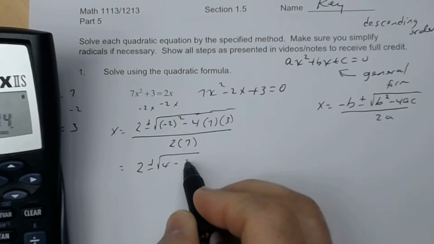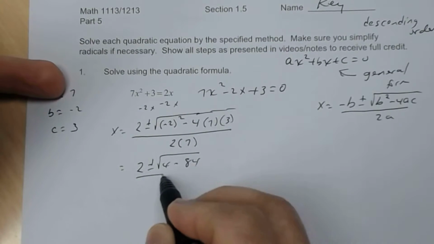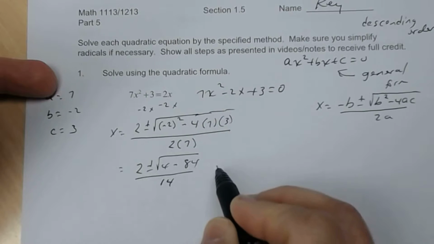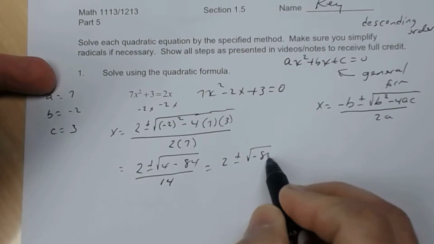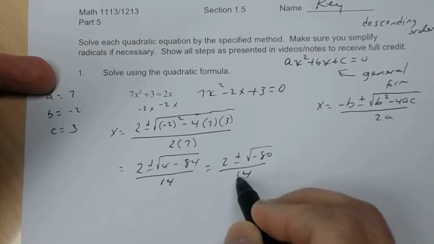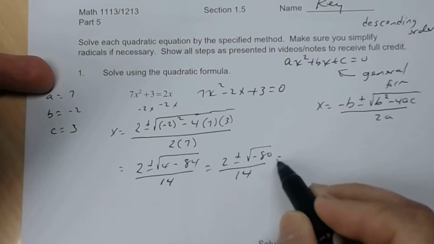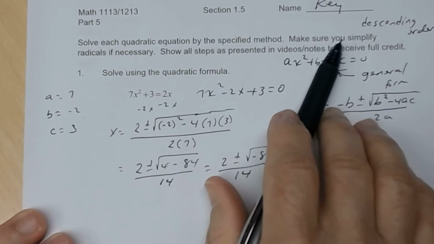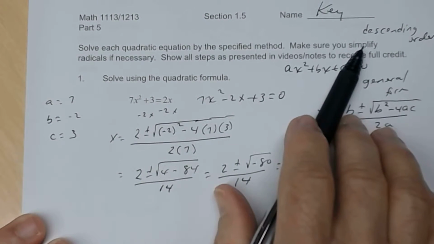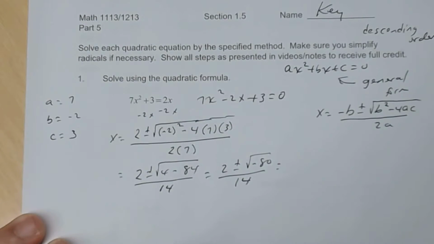So 4 minus 84, all that being divided by 14. So I get 2 plus or minus the square root of -80, divided by 14. Now let's talk about the square root of -80. In this case, notice it does say make sure you simplify radicals if necessary.